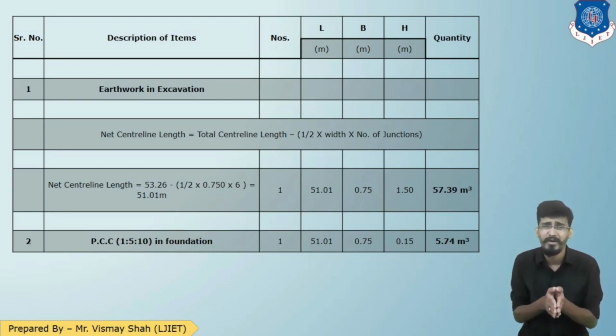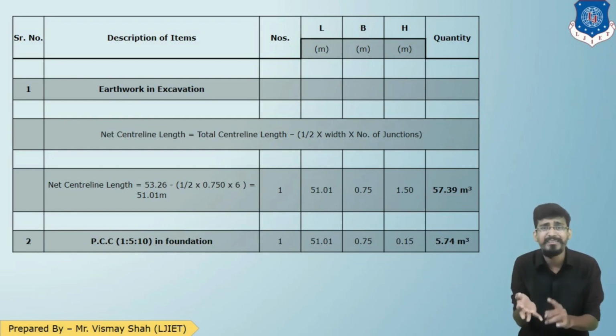If there is a similar unit, you can write it at the top, in the heading of the column where quantity is written. The second quantity is PCC, plain cement concrete in foundation, having ratio 1:5:10. Now here there is a common sense concept, students. The area which you have excavated is the portion in which you are going to do PCC.